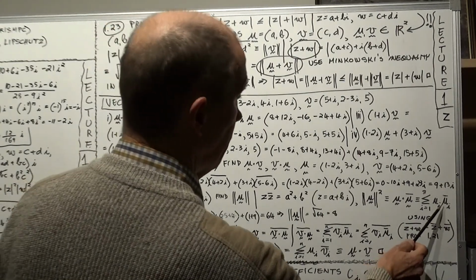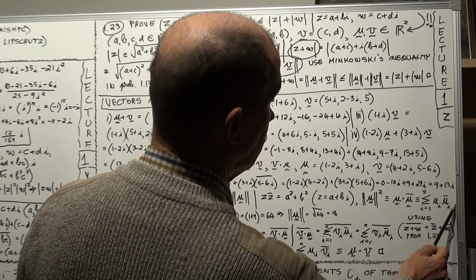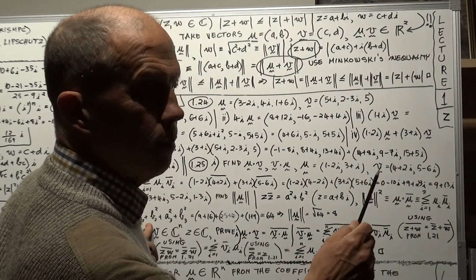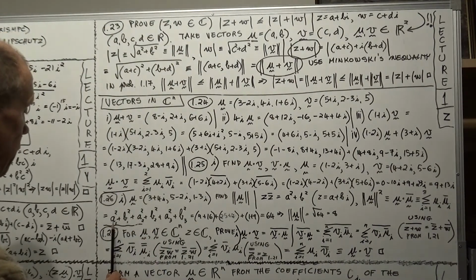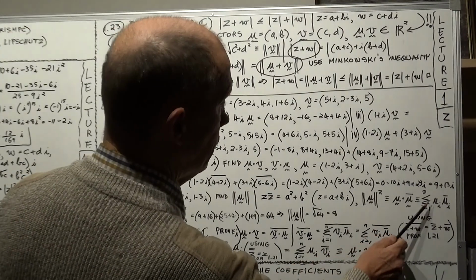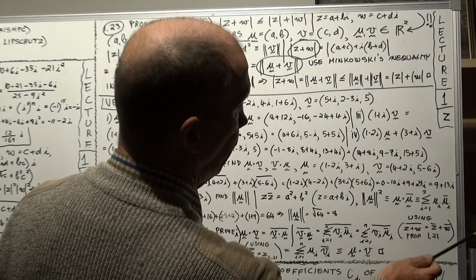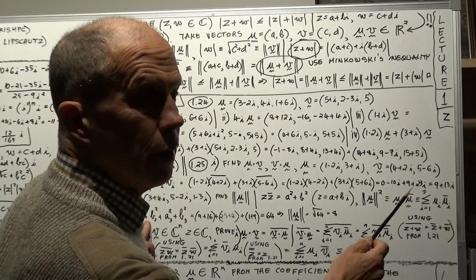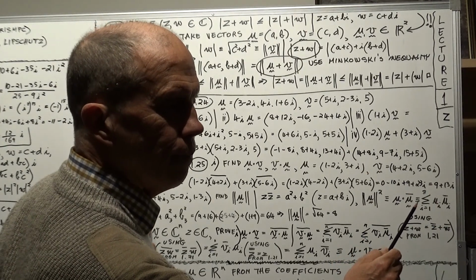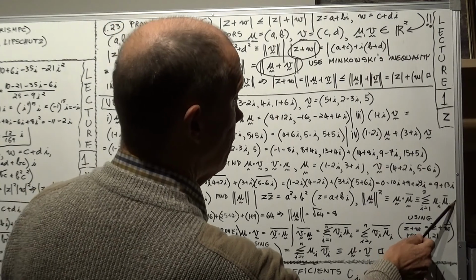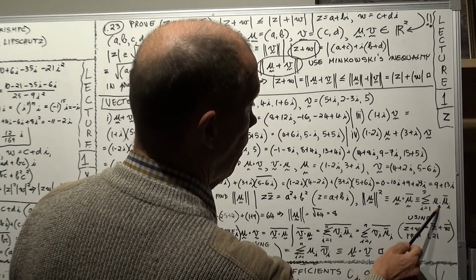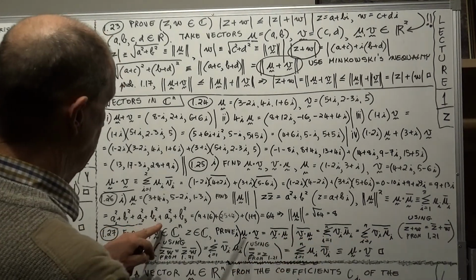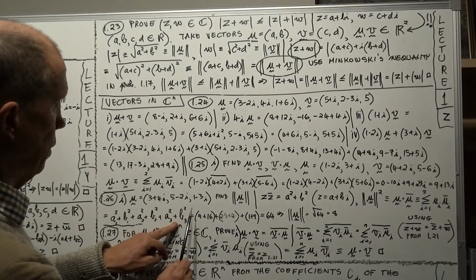So for the first component, i will be 1, so it'll be a1 squared plus b1 squared. And now you're summing over all. For the second component, this term for i equals 2 will be a2 squared plus b2 squared. Similarly for the third term, a3 squared plus b3 squared.